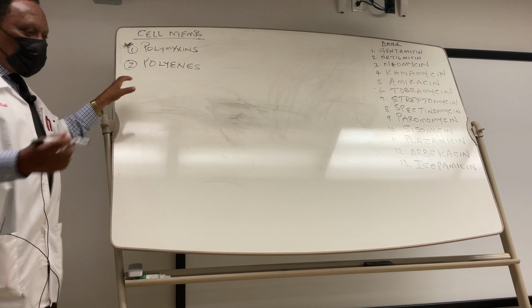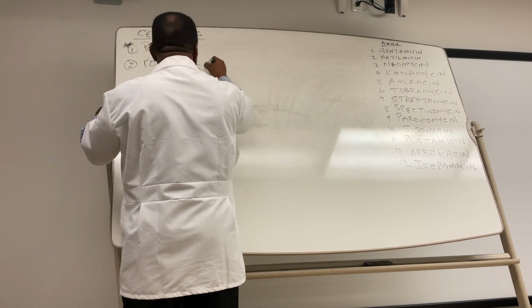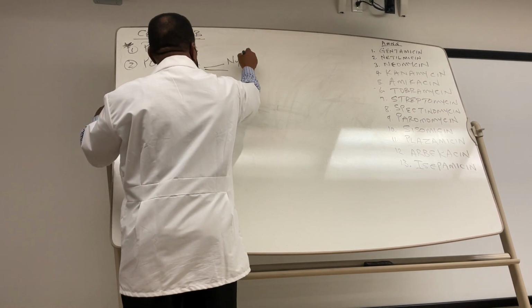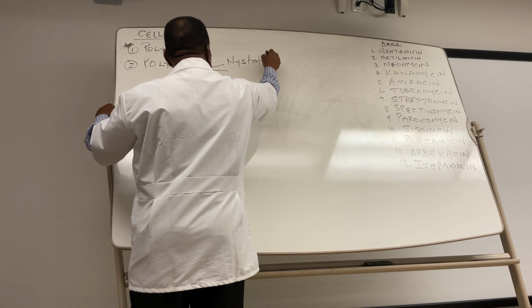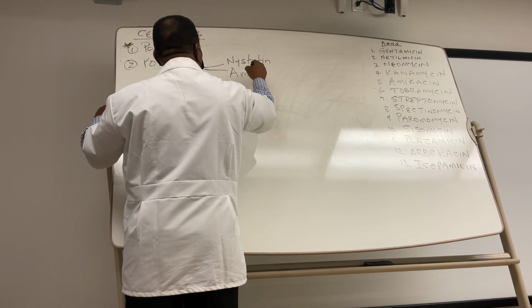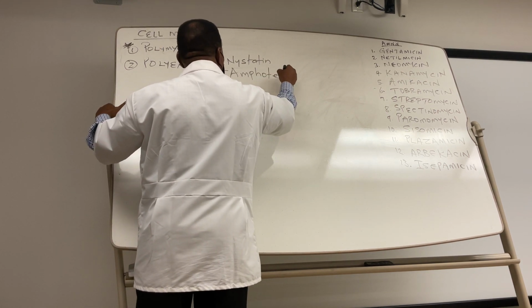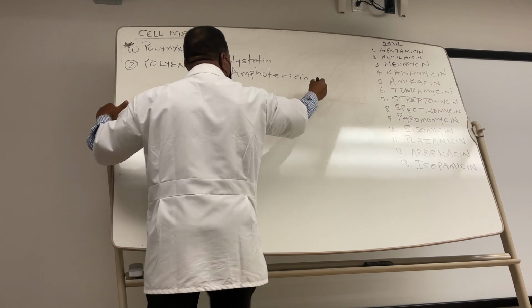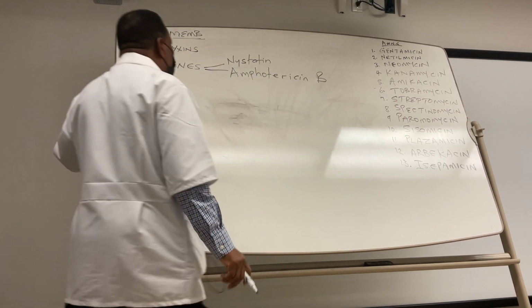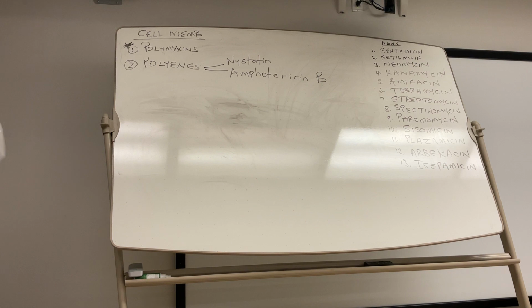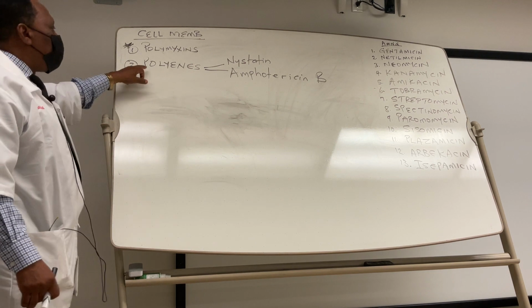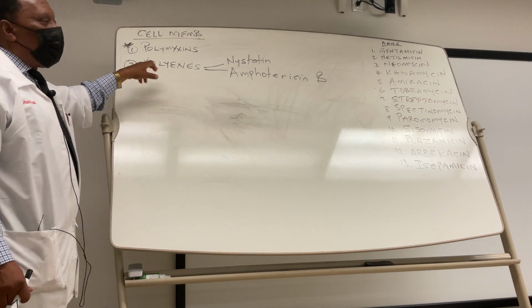The polyene antibiotics are your nystatin and amphotericin B. And those are used more as antifungals. So we'll discuss those under antifungal drugs.